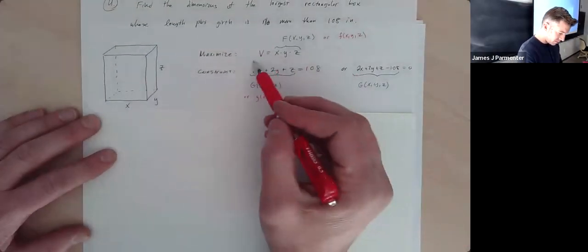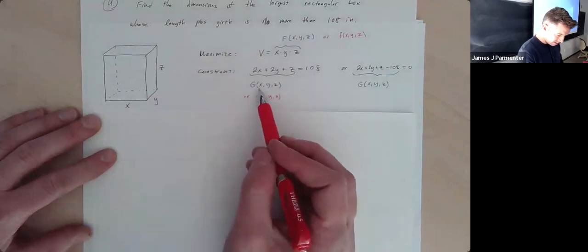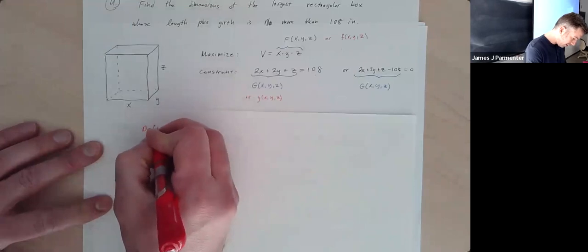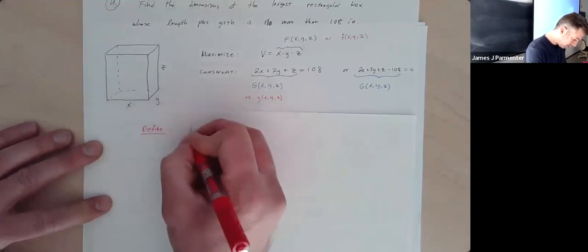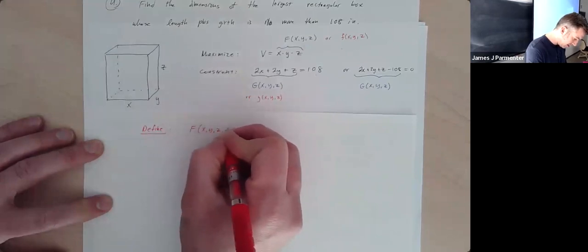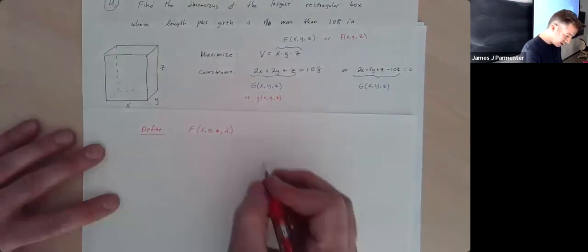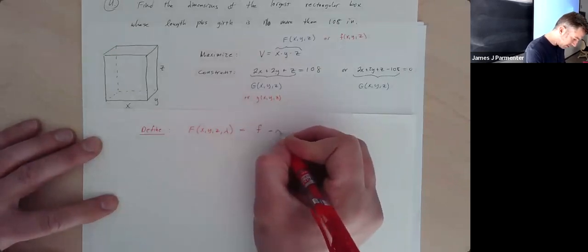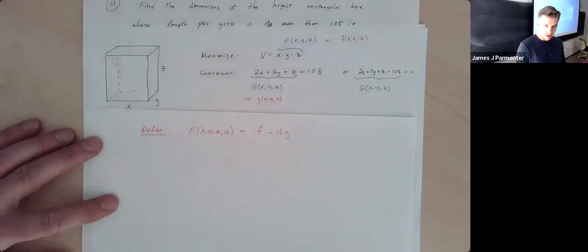this little f and this little g, and then we're going to define a new function, capital F of x comma y comma z comma lambda, and it's going to equal little f minus lambda times g.